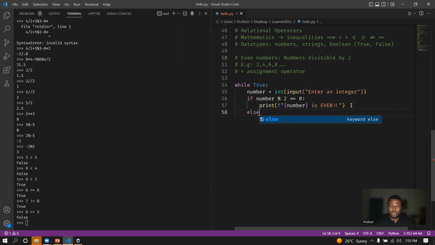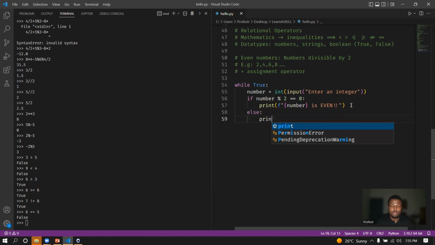Odd, right? So I'll say else print, and then f-string, the number is odd. Our time is almost up. Okay, so now let's go for a run.